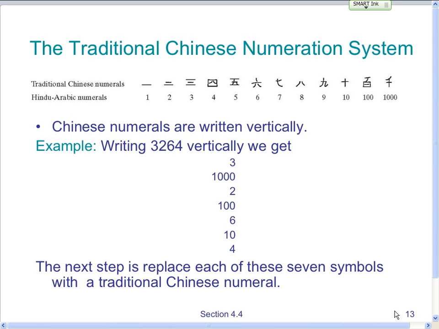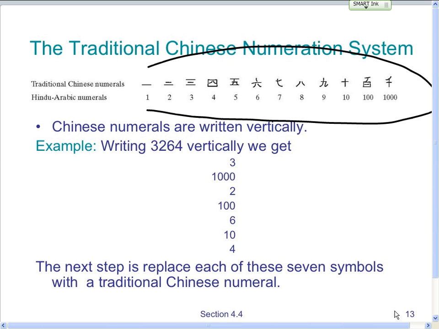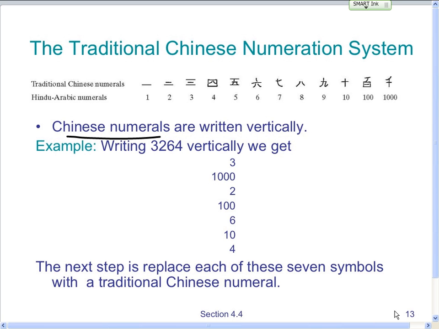Chinese numeration system. I'm not going to make you memorize it, but I will expect you to know how to use it. So this chart will be given to you on the test. The way the Chinese write their numbers is they do the symbol for, so we're doing 3,264. Let's go bottom to the top.